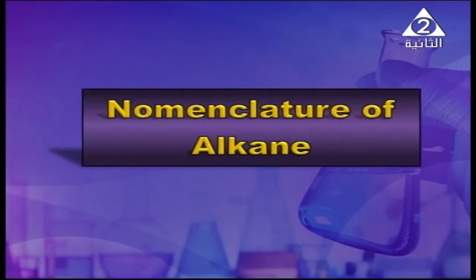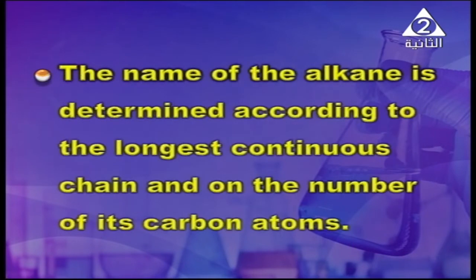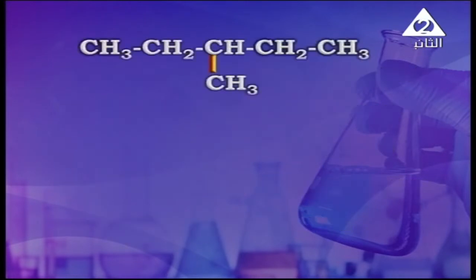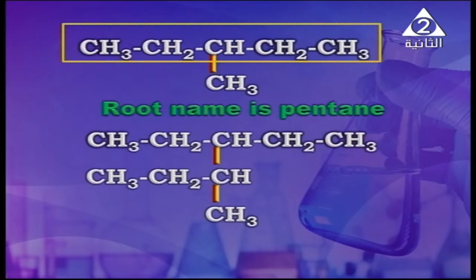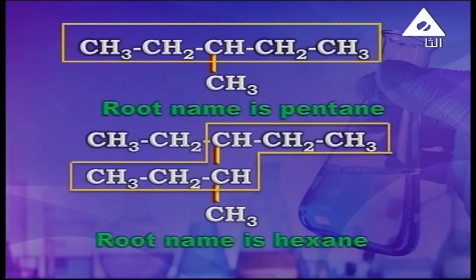Now we are going to discuss the nomenclature of alkanes. The name of an alkane is determined according to the longest continuous chain and the number of its carbon atoms. As shown on the screen, its root name is pentane, and in another example, its root name is hexane.